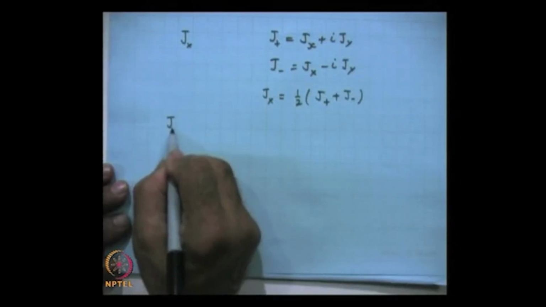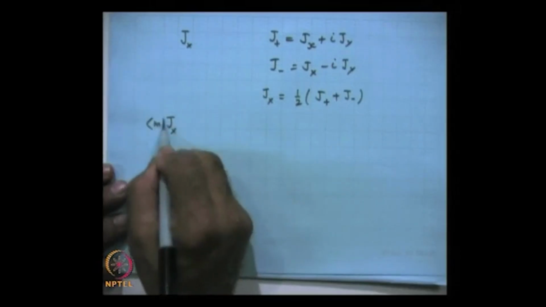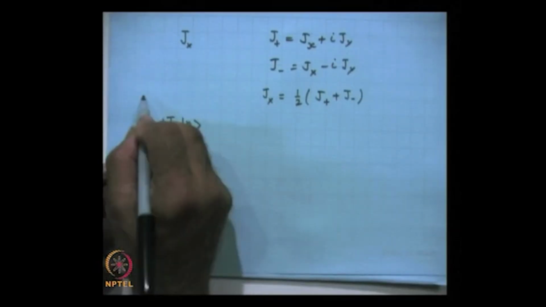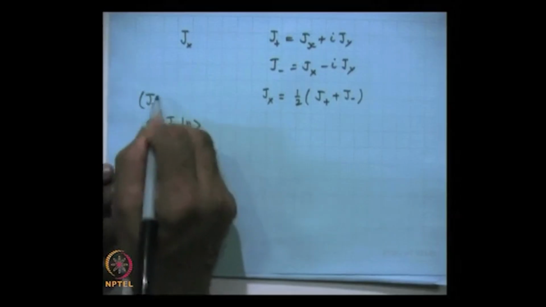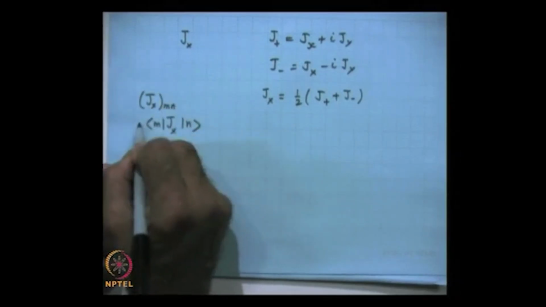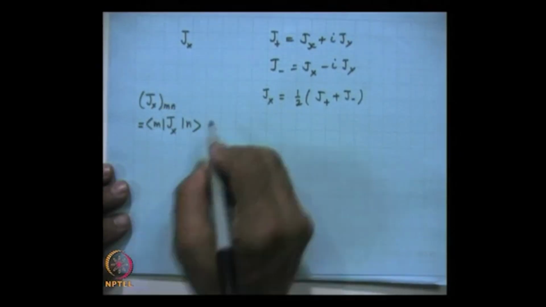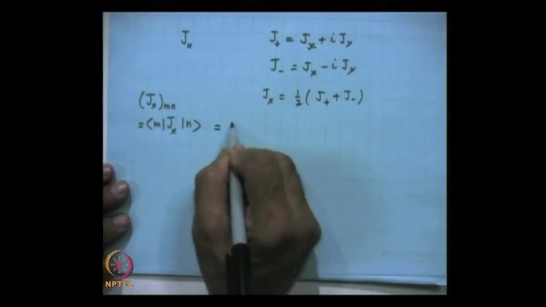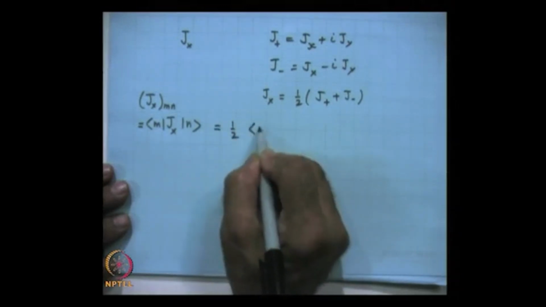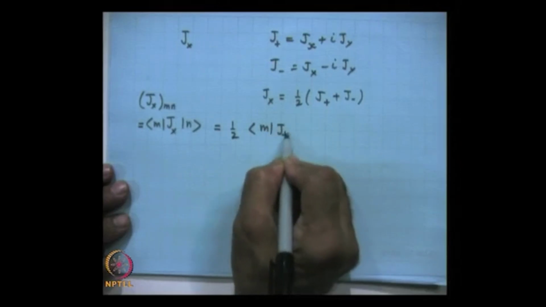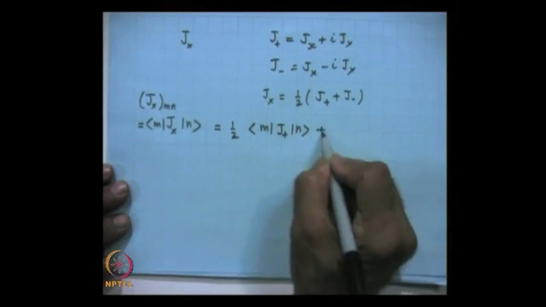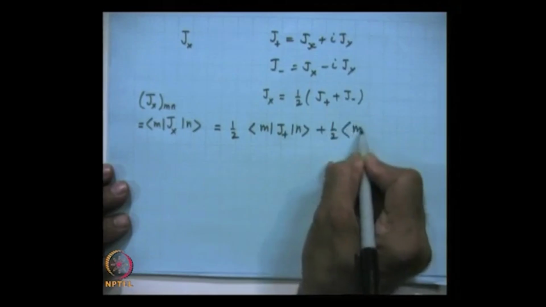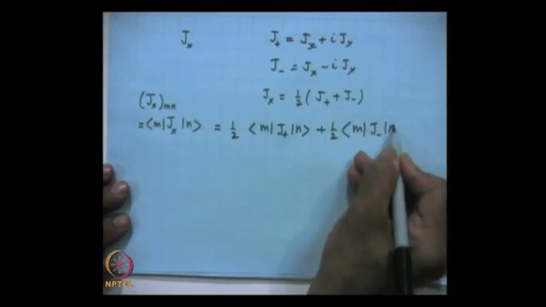So, the mnth matrix element of Jx, bra m Jx ket n, is given by half bra m J plus ket n plus half bra m J minus ket n.